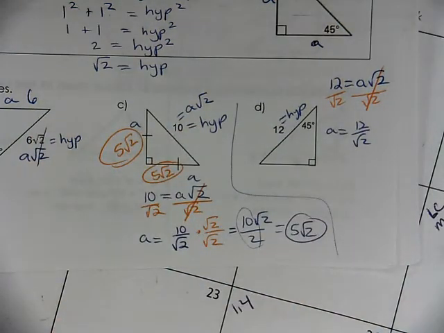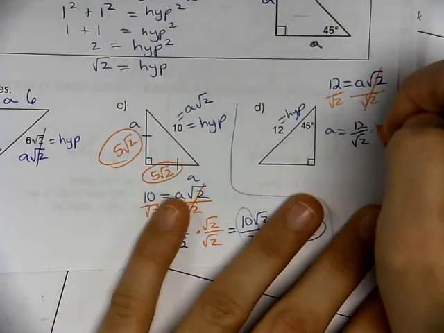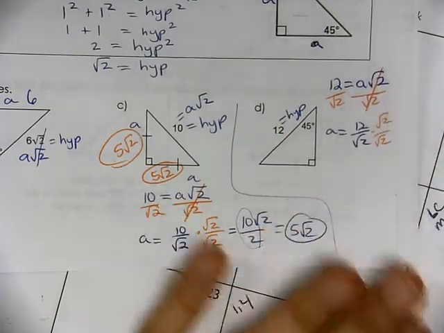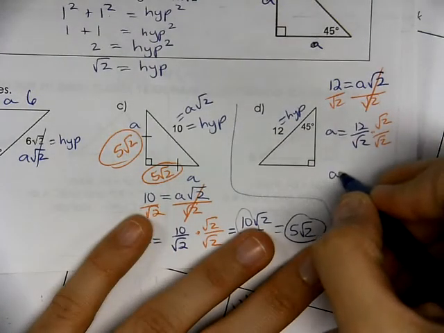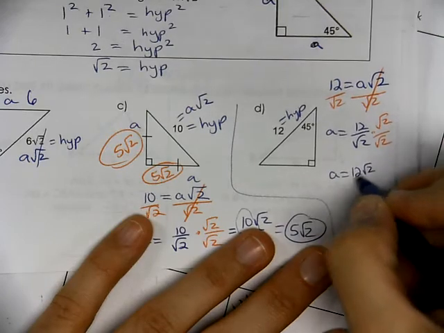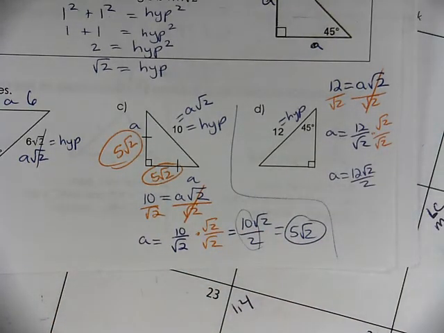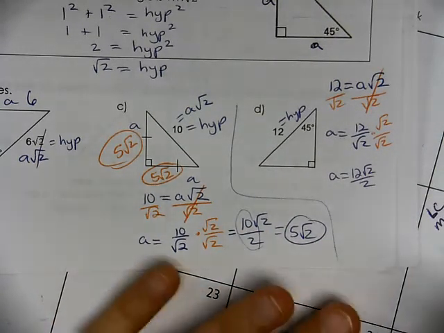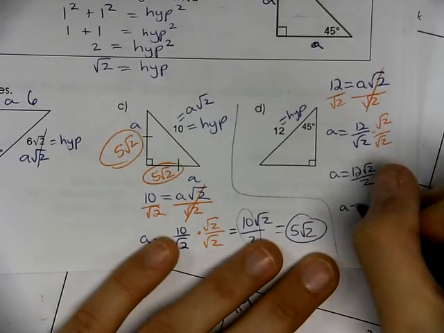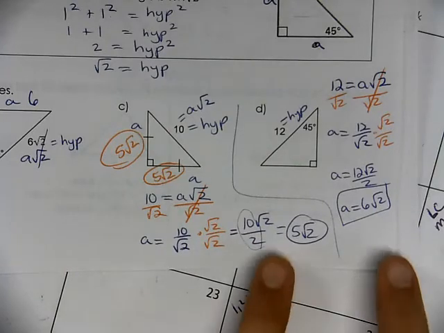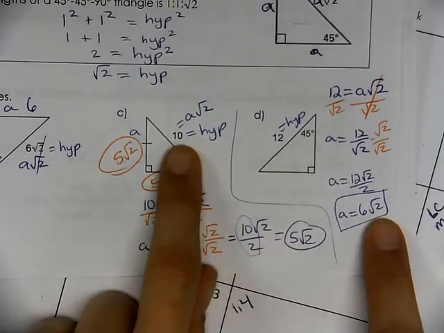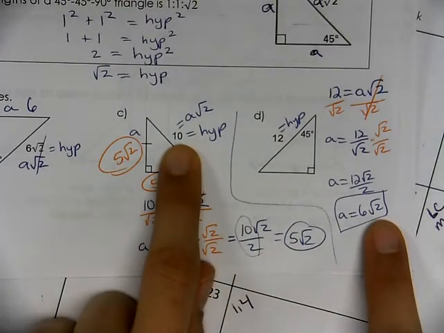But again, I have to rationalize. So times root 2 over root 2. And you get a is 12 root 2 over 2. But can I simplify? So a is what? 6 root 2.